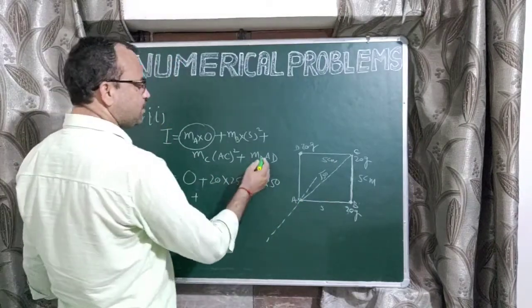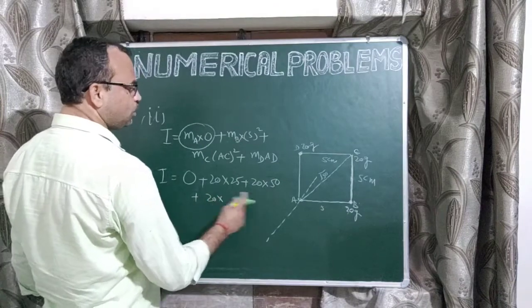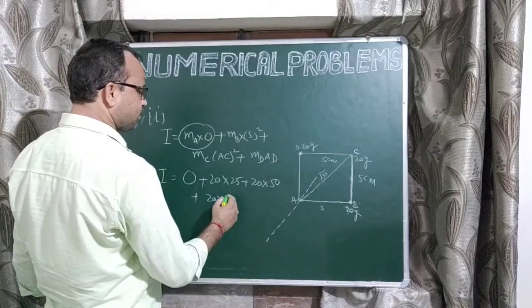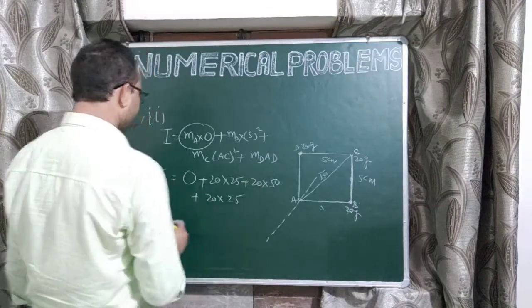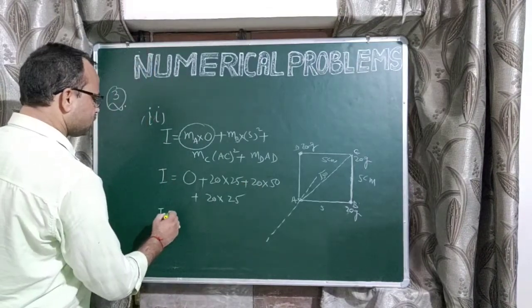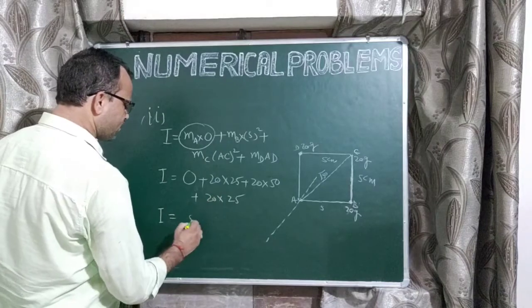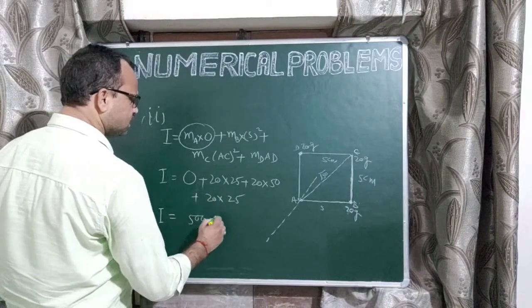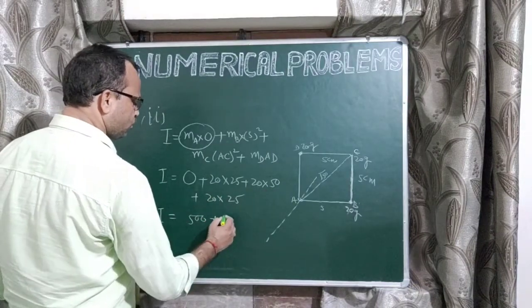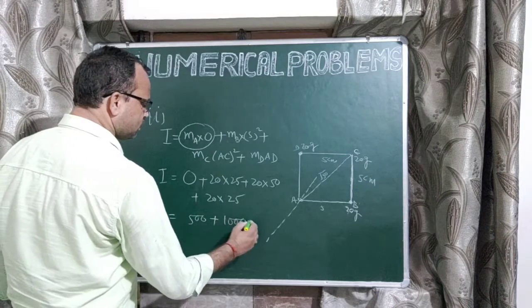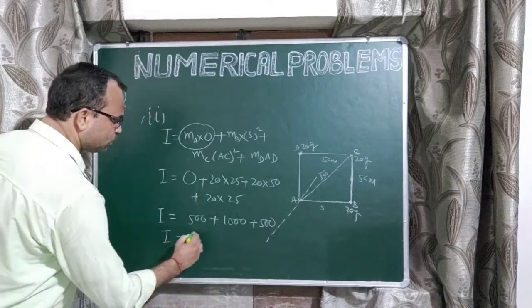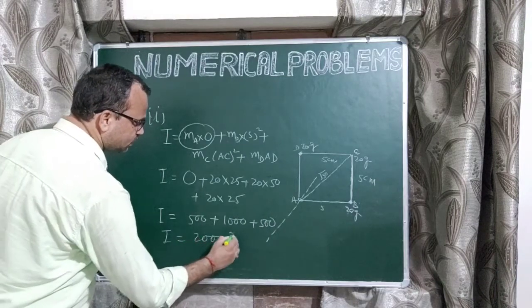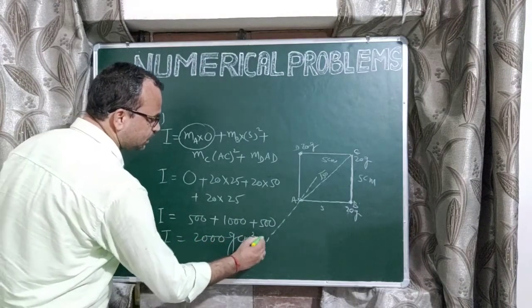Plus MD, again 20 into distance 5 centimeter square, how much, 25. So the final answer will be 500 plus 1000 plus 500, which means I equals 2000 gram centimeter square.